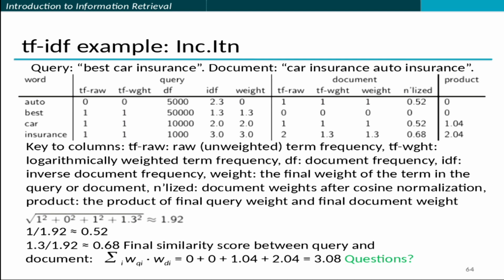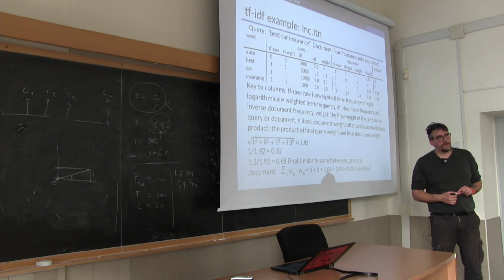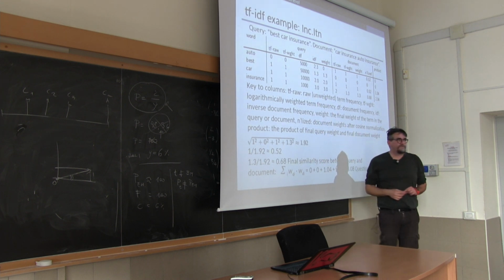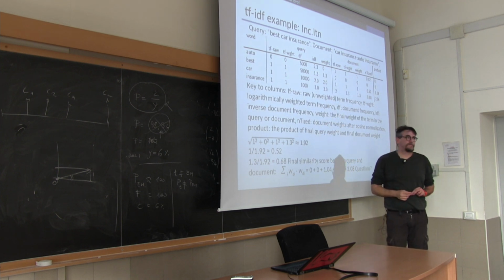First of all, you can consider the term frequency, and clearly you have a one only in those terms that actually appear in the document. Then you can see the document frequency, namely how many documents in the collection contain the query terms. This is the IDF. And finally, you get the weight.